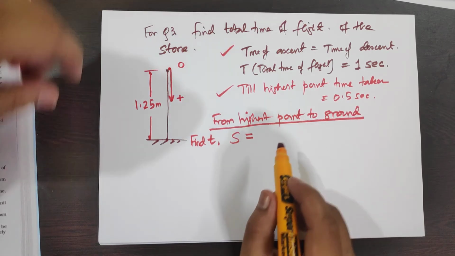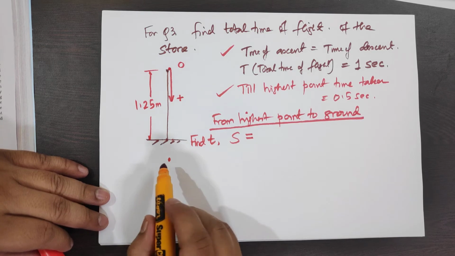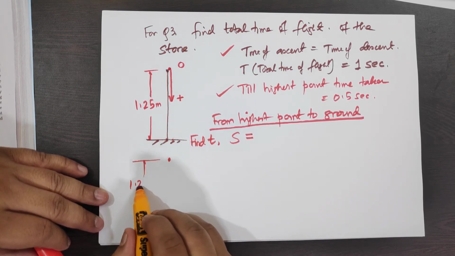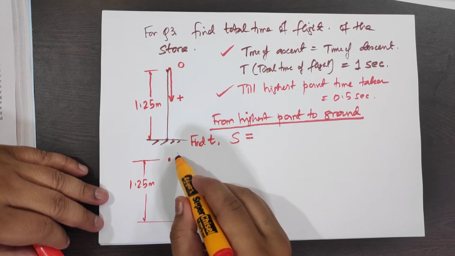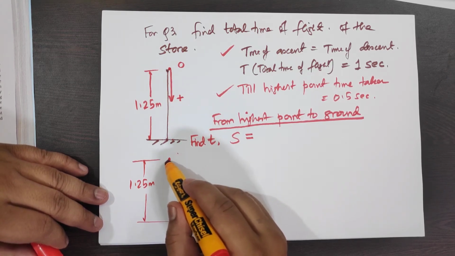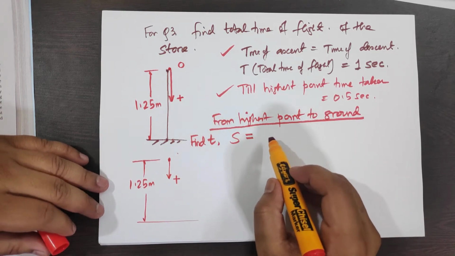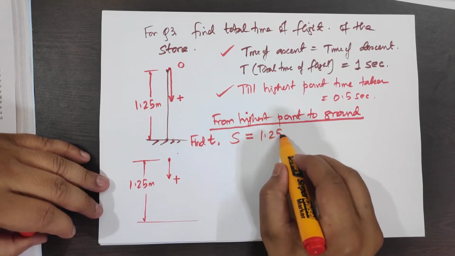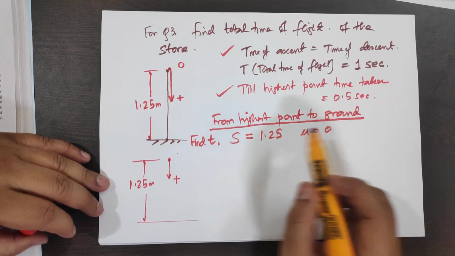Yes, it's like solving a new problem. Suppose a particle is dropped from a height 1.25 meter. So what is the time? You assume here time 0. So find time t for s equal to 1.25. Again you can put u equal to 0.